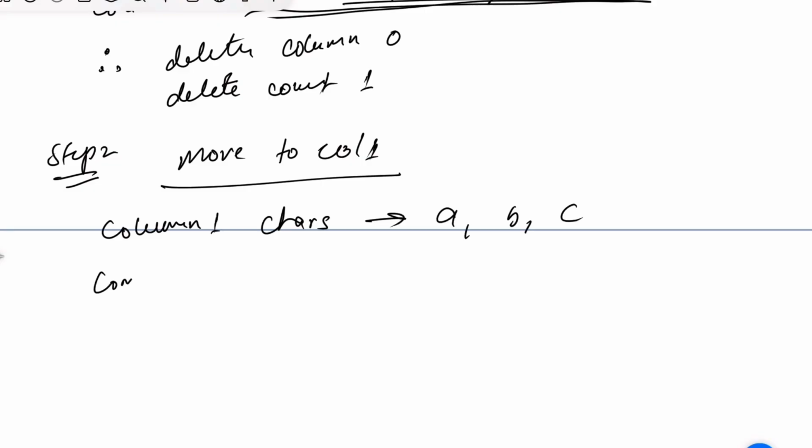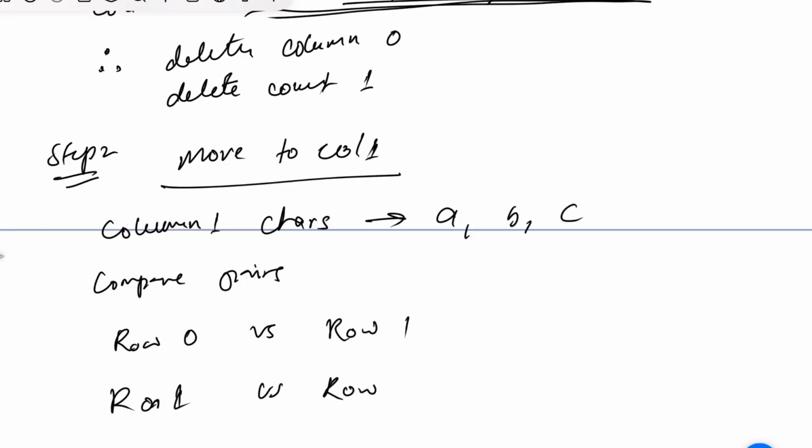But let's compare the pairs. What are the pairs we have? Very first, row 0 vs row 1 and row 1 vs row 2. Is A less than B, and is B less than C? Yeah, both cases are sorted and both are true, right?